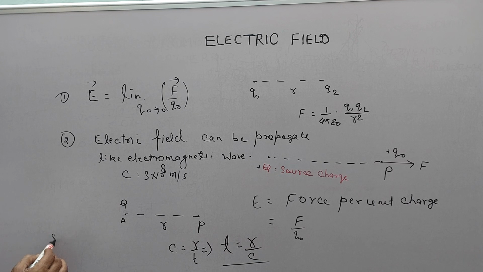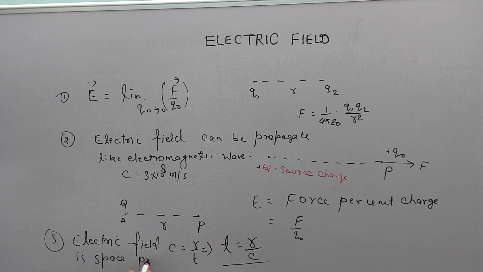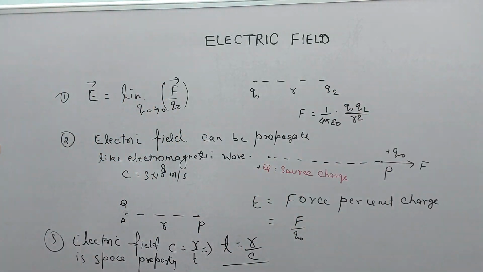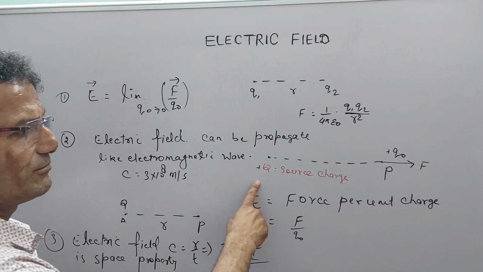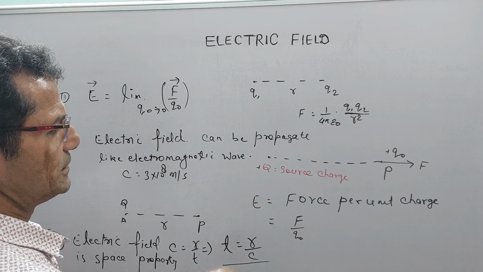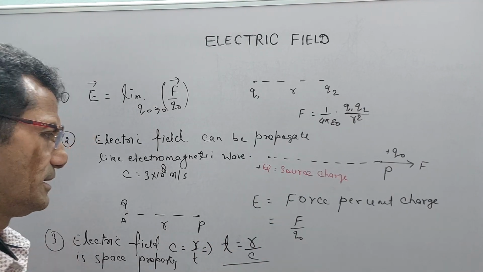Third point: the electric field is a space property. The surrounding of this source charge is very important, and the source charge itself is not so important.